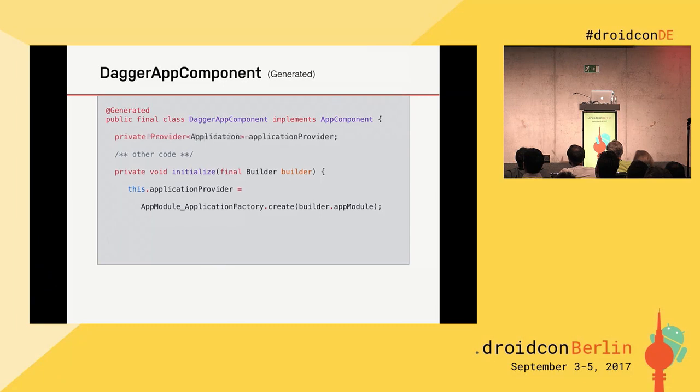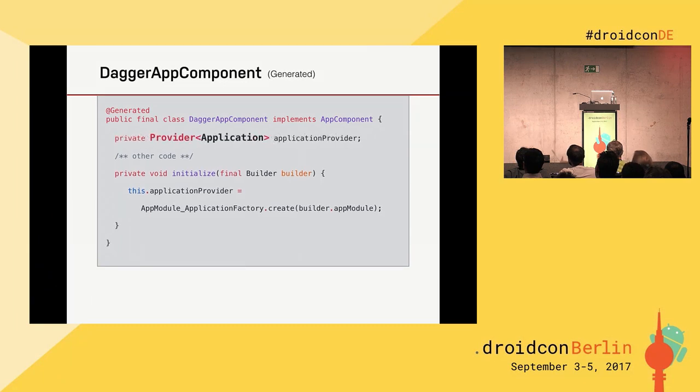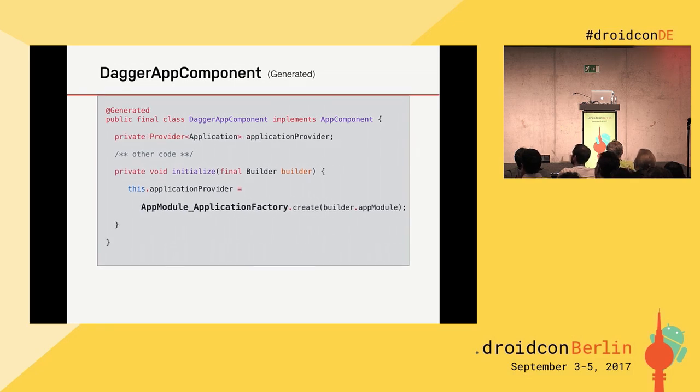The first thing to note here is that for every dependency, Dagger generates a provider or a factory class for you. In this case, it has generated an application provider. This Provider is also a standard interface from the javax.inject package. And your application provider is getting initialized using a factory. So in this case, the factory that is creating your dependency is the same as your provider.